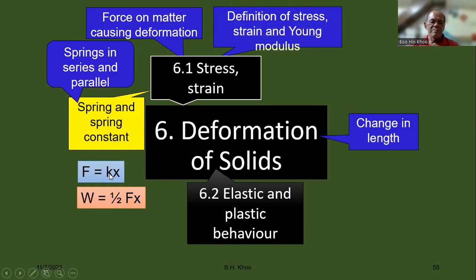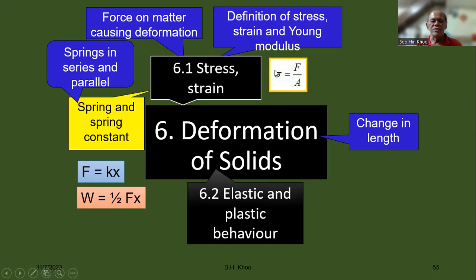For a spring, we use a spring constant, but then we come to metal, like wire, we find that spring constant is not a good constant because it depends on length of the spring and area of the spring. So we find our definition of stress, strain, and Young's modulus.